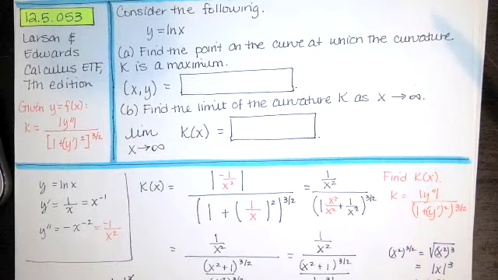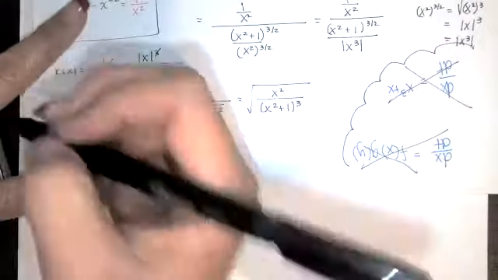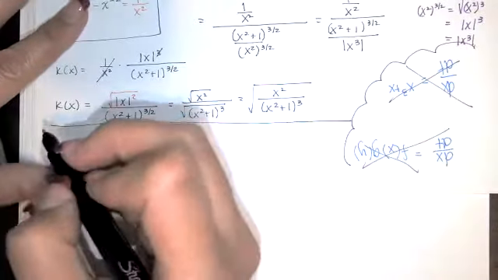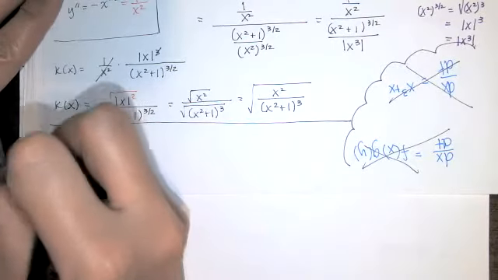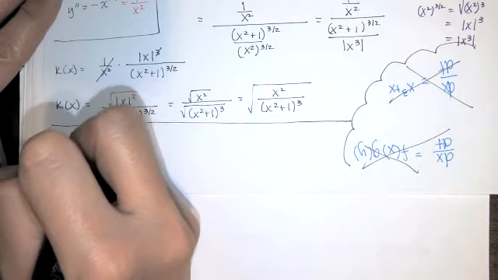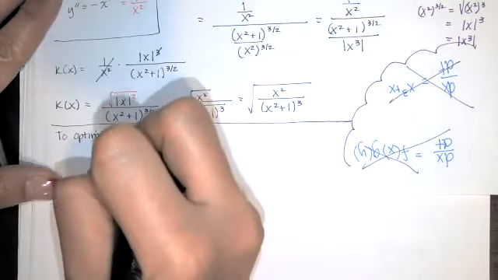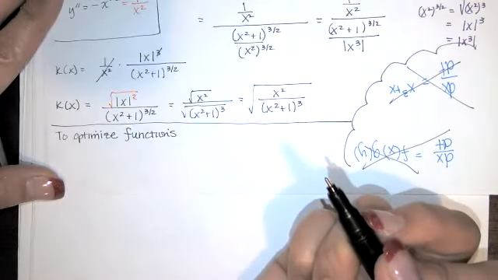function. Now remember from calculus 1, how we find the maximum value of a function. You've got a couple of options. In calc 1, we talked about the first derivative test and the second derivative test. We use those to optimize functions. Remember what optimize means.